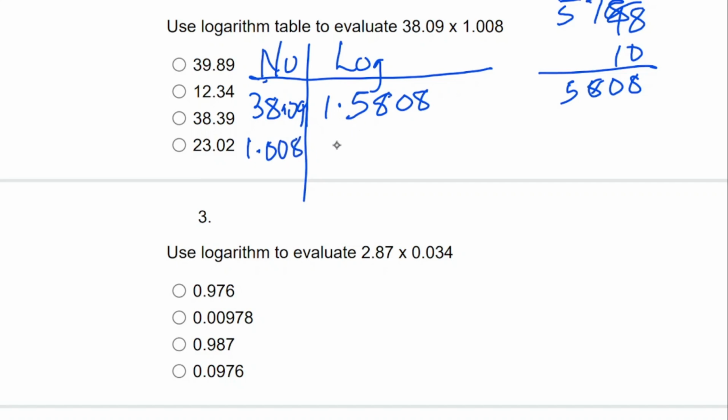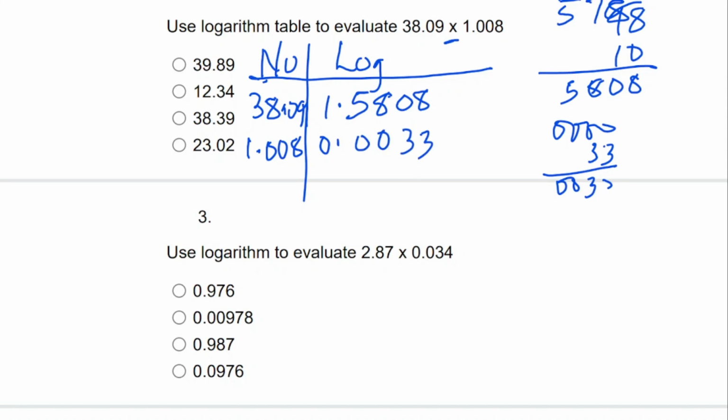The second number is 1.008, and the characteristic is going to be 0, since we have one digit before the decimal place. We now check 10 under 0, which gives 0000. The difference of 8 gives 33. So that's going to be 0033.